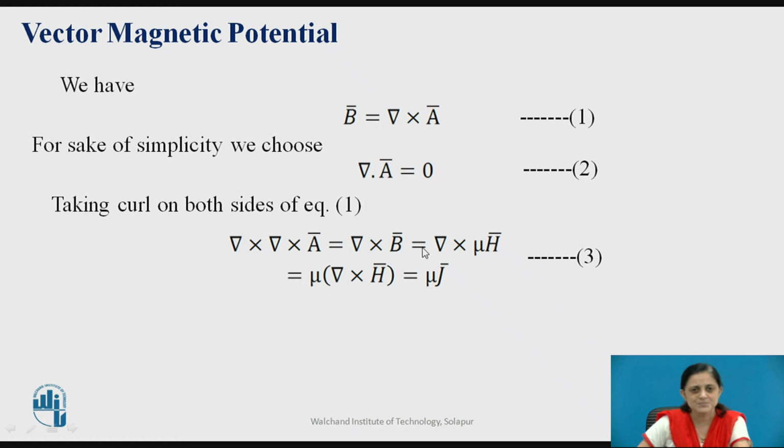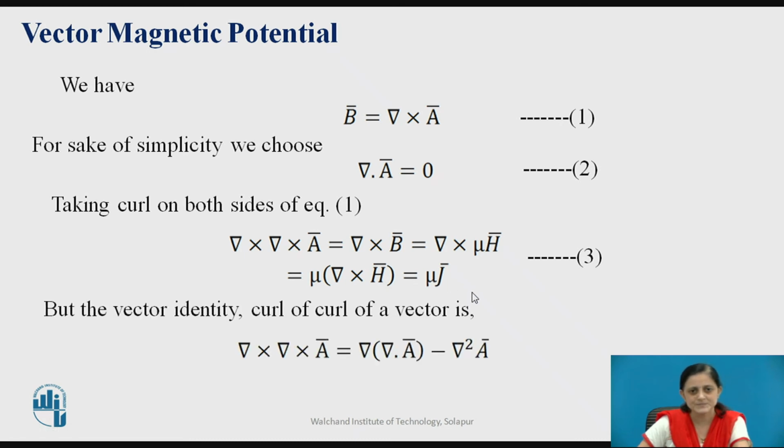Therefore, replace B bar by mu H bar here, so you get del cross mu H bar. Rearranging, in terms of mu, del cross H bar, and we know the point form of Ampere's law is J bar equal to del cross H bar, where J bar is the current density. Therefore this equation can be written as mu J bar.